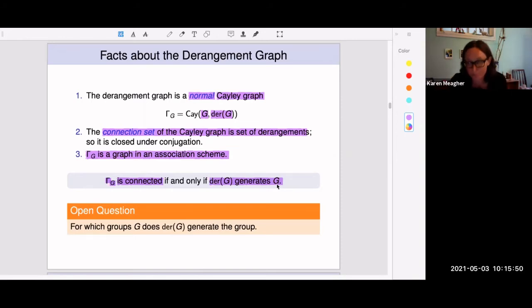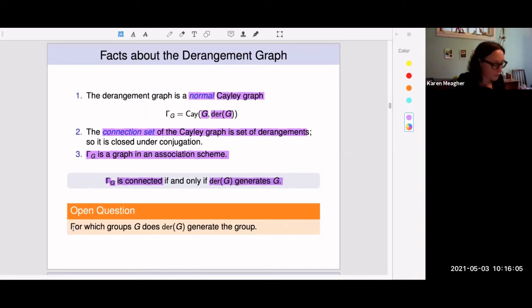So it's a hard problem. And it's funny that asking whether this graph is connected or not is related to this very difficult group theory problem. So I put this one as an open question. I don't recommend trying it, but maybe reading about it would be good.